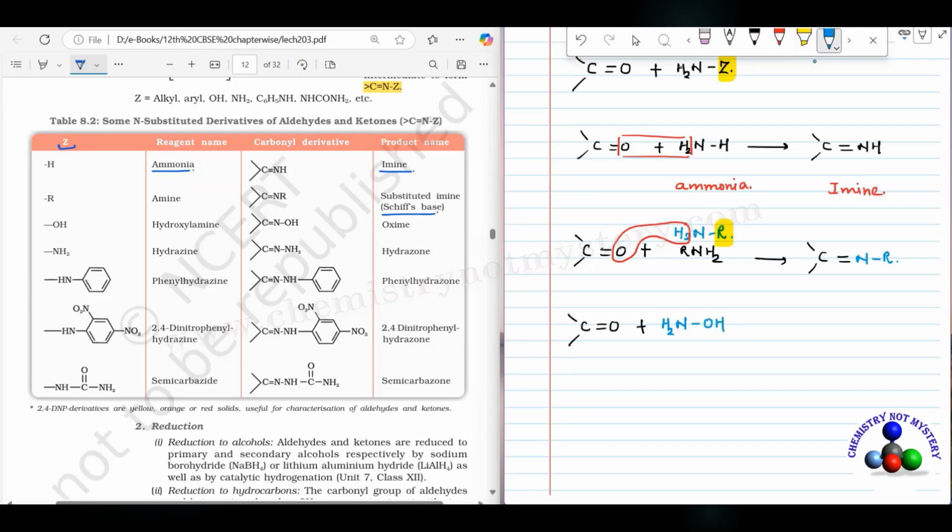This is hydroxylamine. So again remove the water molecule. So here when you remove this water molecule, you will get the product, carbon double bond. Here you will get NOH. This is oxime.